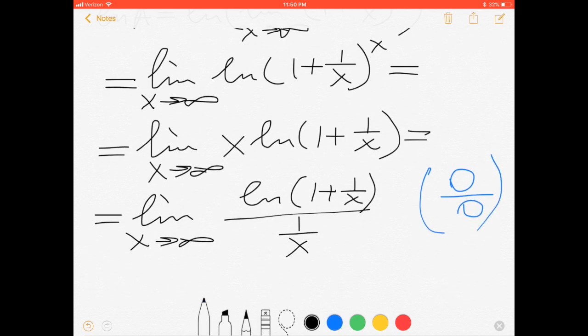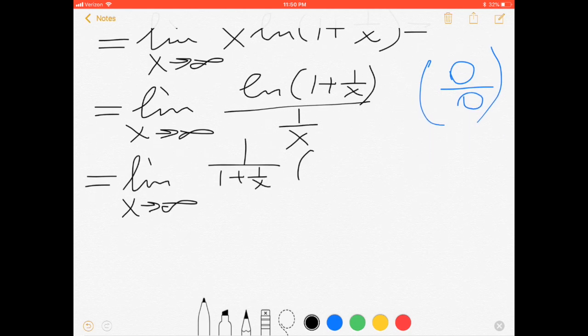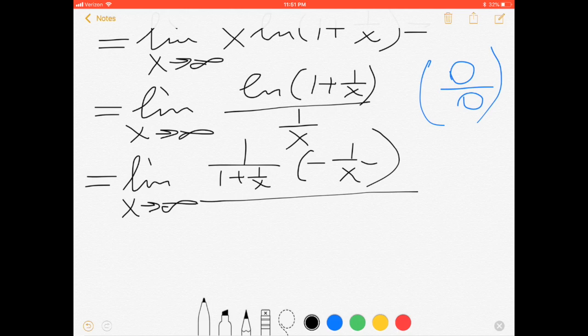This means here we have 0 over 0, so L'Hopital's rule applies. Try to use what we have here. Limit as x approaches infinity of (1 over (1 plus 1 over x)) times minus 1 over x squared, divided by minus 1 over x squared. Simplify, plug in x equal infinity here, and we have exactly 1.